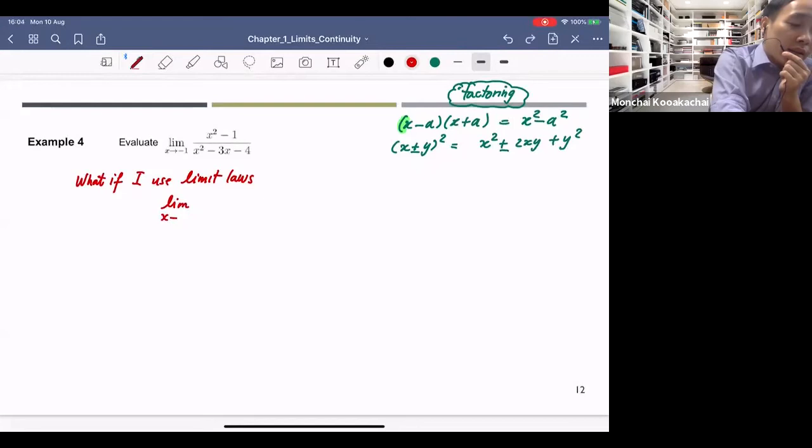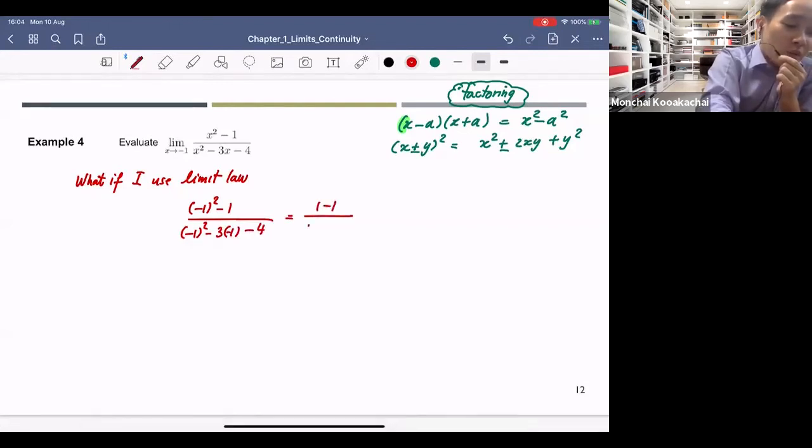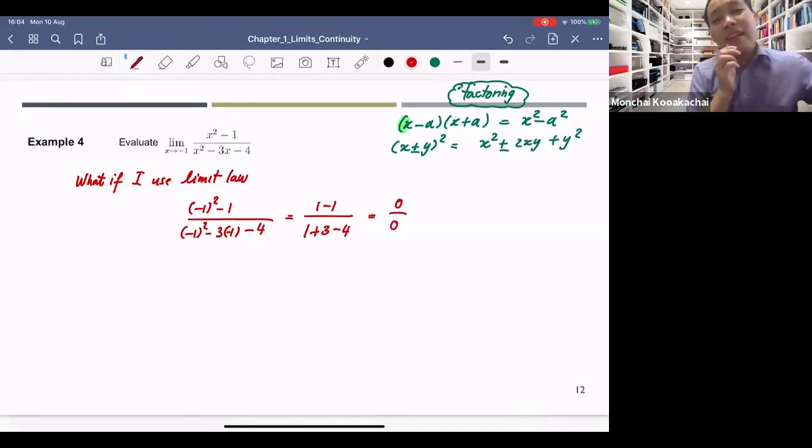And then I have (-1) squared minus 1 on the top, and (-1) squared minus 3 times -1 minus 4 on the bottom. On the top I get 1 minus 1, which is 0. Right? (-1) squared is 1, and then -3 times -1 is 3. And on the bottom that is 0 too, so that is 0 over 0.